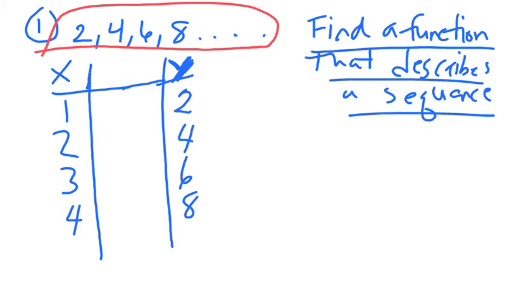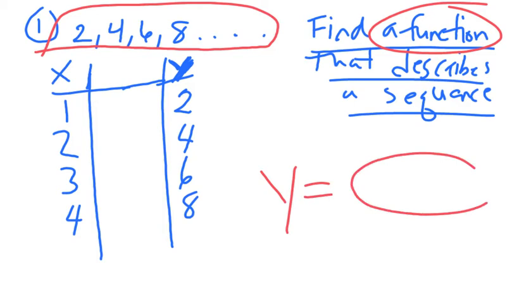So all I have done is spread out our input-output table to give it a middle. I need a middle to figure out what the function is. Because remember, functions are described by an equation. So we're looking for an equation. That's going to be our answer. Y equals something. We're trying to figure out what equation goes with this table. Okay, so I spread it out to make it easier.